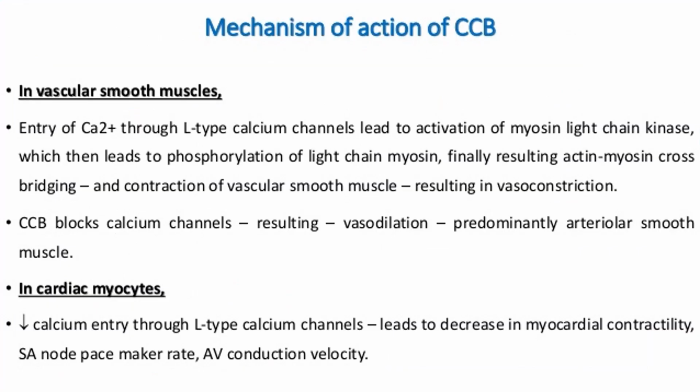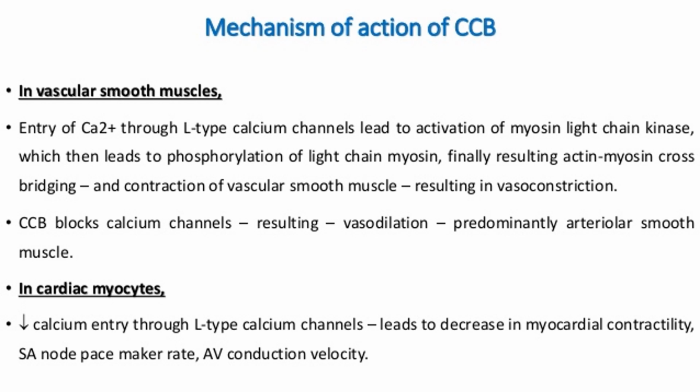What is the mechanism of action of calcium channel blockers? Of course, as it is a blocker, it is blocking the calcium channel. Normally, as you all know, in vascular smooth muscles, entry of calcium through the L-type calcium channel occurs, and it leads to activation of MLCK, which then leads to phosphorylation, finally resulting in actin-myosin cross-bridging and contraction.